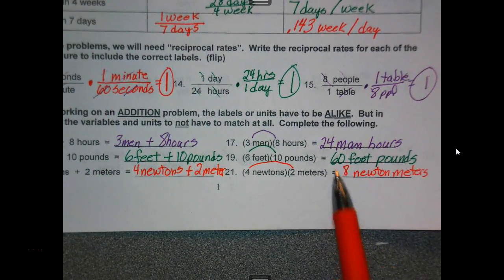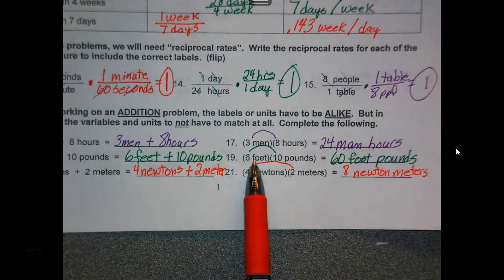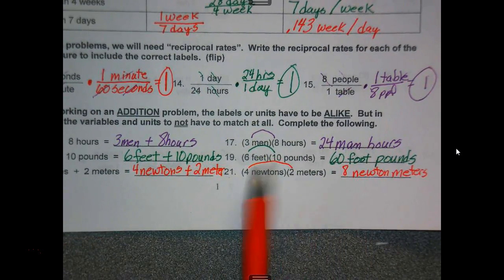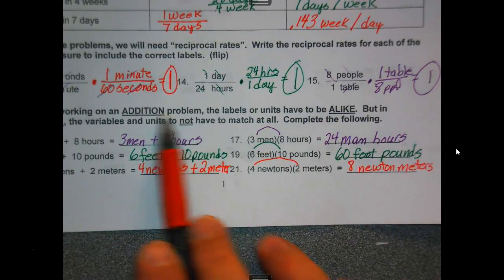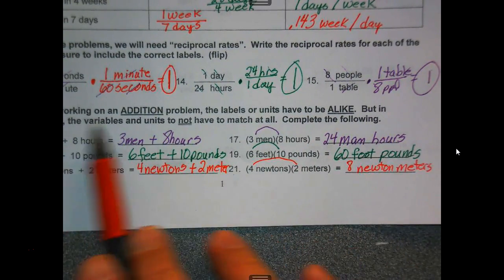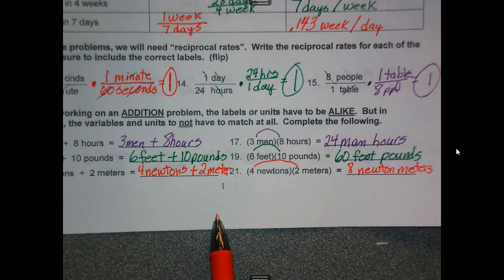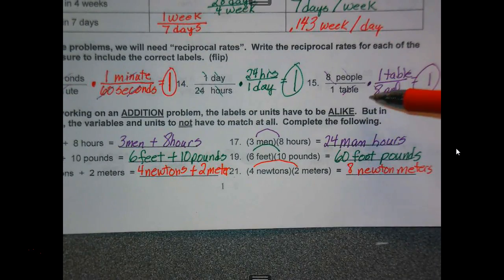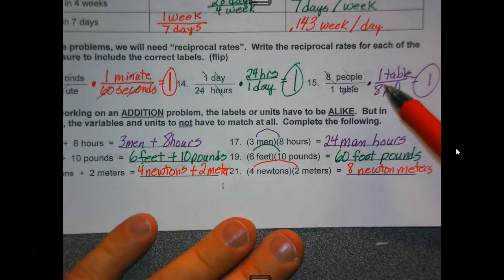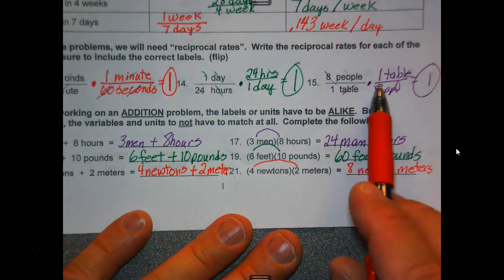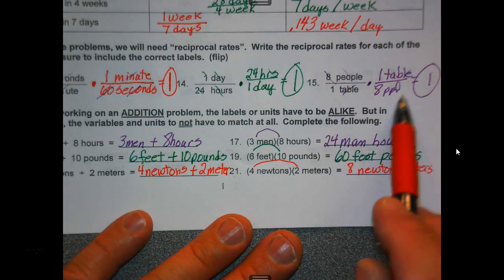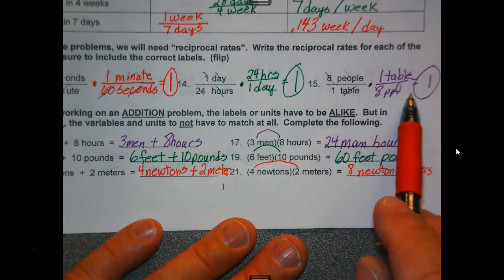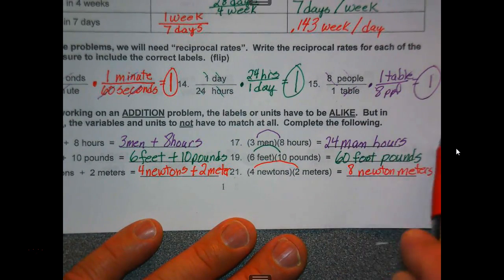Oh, they're just showing you that when you multiply labels, you combine the labels. No, not for just these 6 problems. They're just splitting this up into different topics. Okay, and you're going to have to change labels in 1.7. That's why they show you the reciprocal, because you can change labels and cancel out.